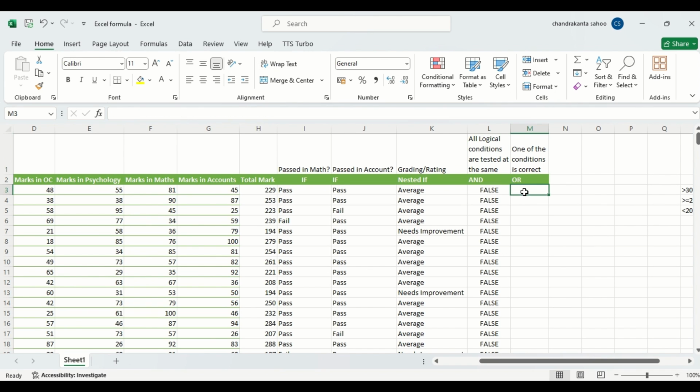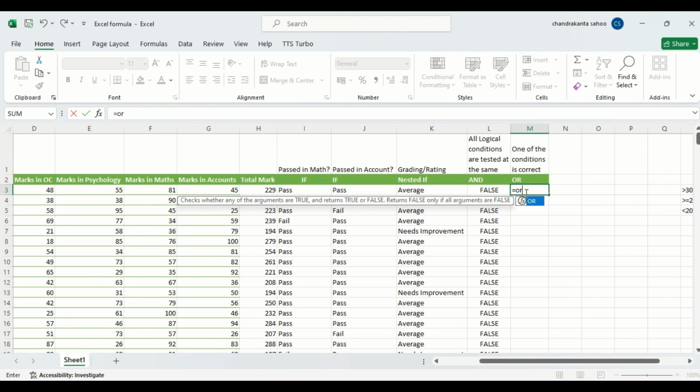Let us see, similar things we can also write with the OR formula. Let us write the OR formula.